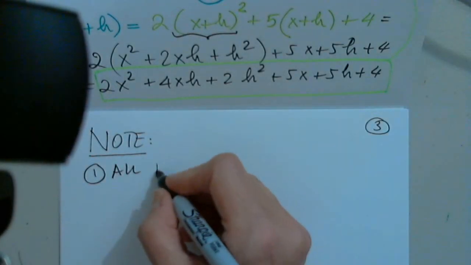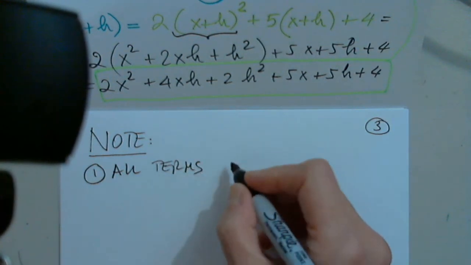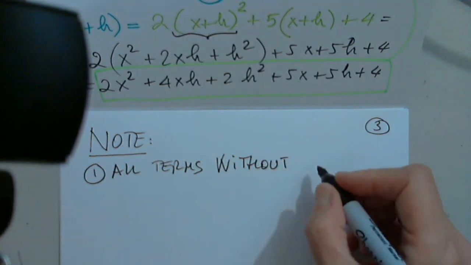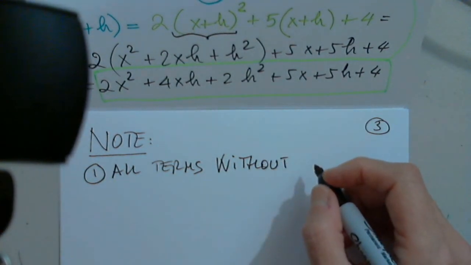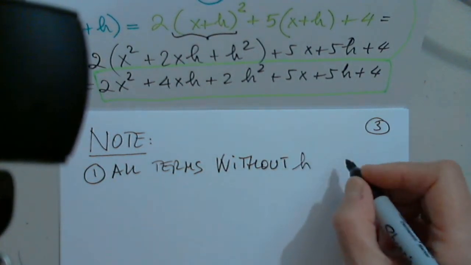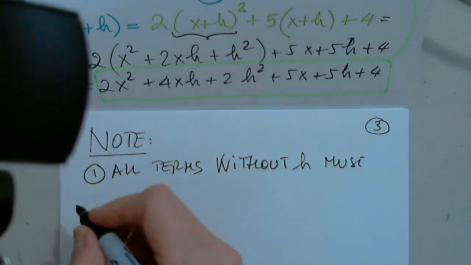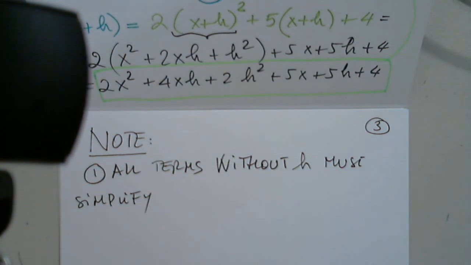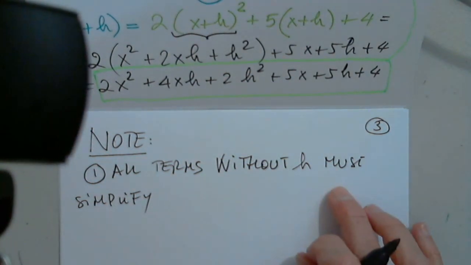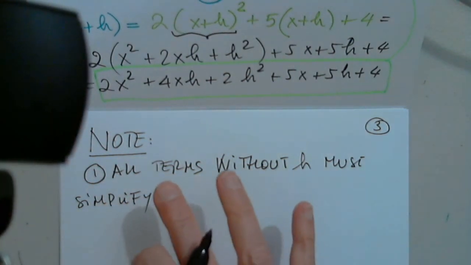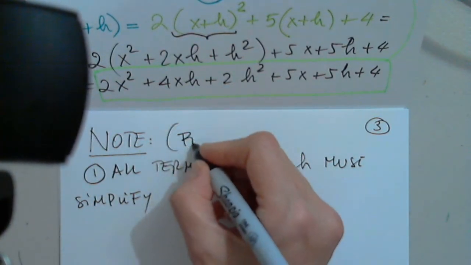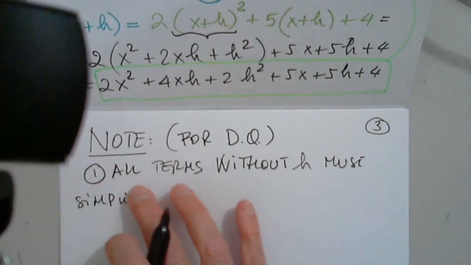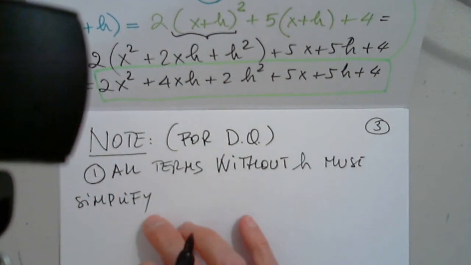So all terms without h must simplify. This is a note for the difference quotient. So all terms without h must simplify.